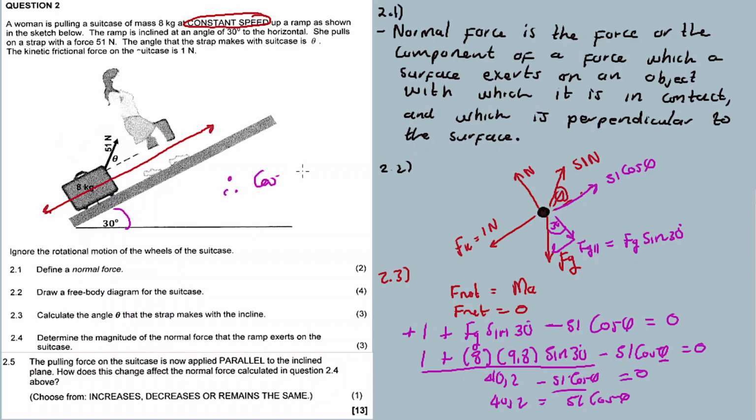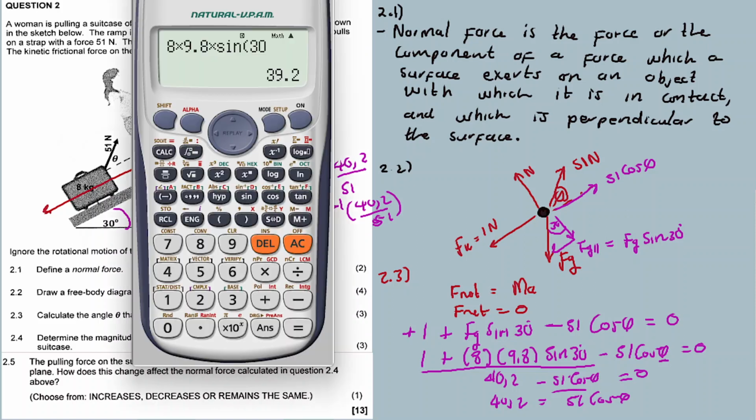Therefore cos theta equals 40.2 divided by 51, dividing both sides by 51. Then theta equals arc cos of 40.2 over 51.